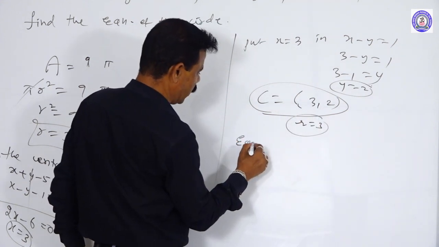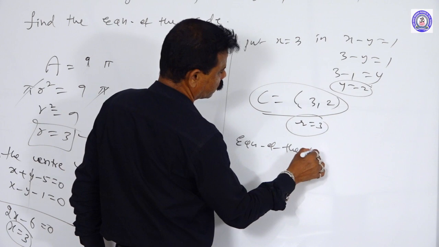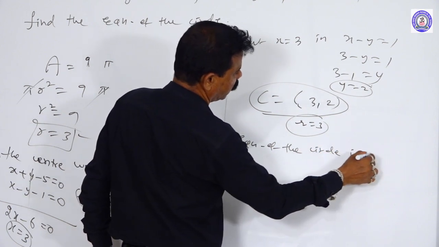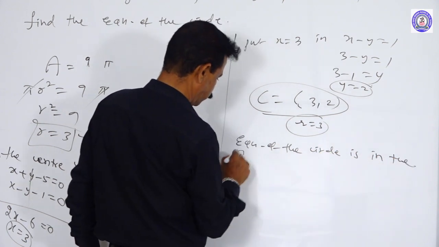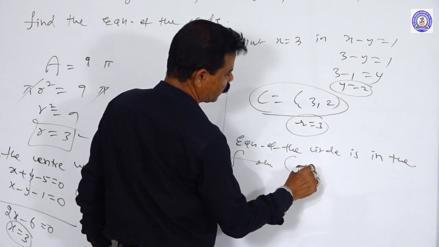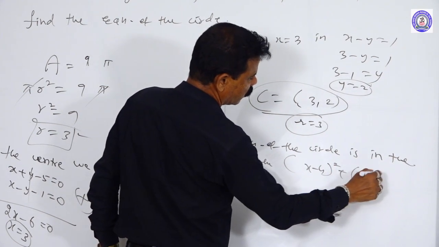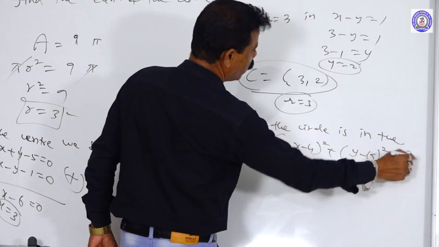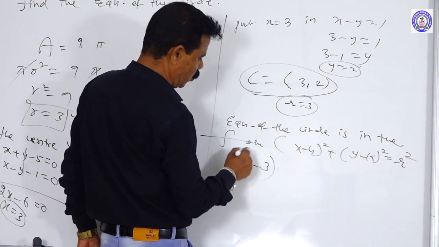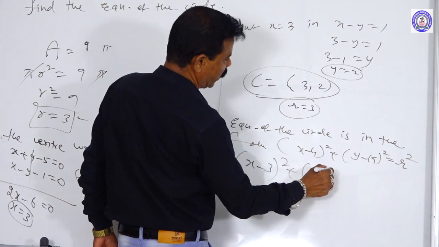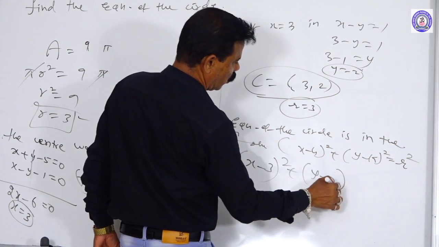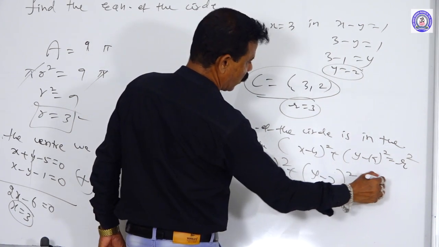So equation of the circle is in the form x minus h whole square plus y minus k whole square is equal to r square. X minus 3 whole square plus y minus 2 whole square is equal to 3 square.